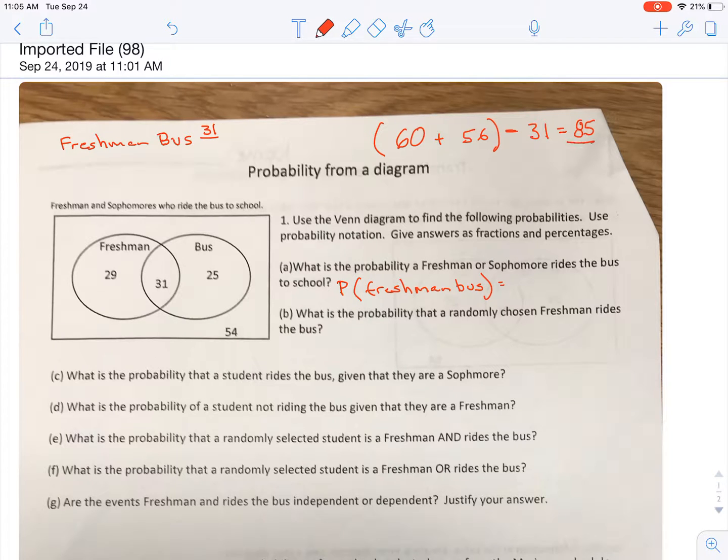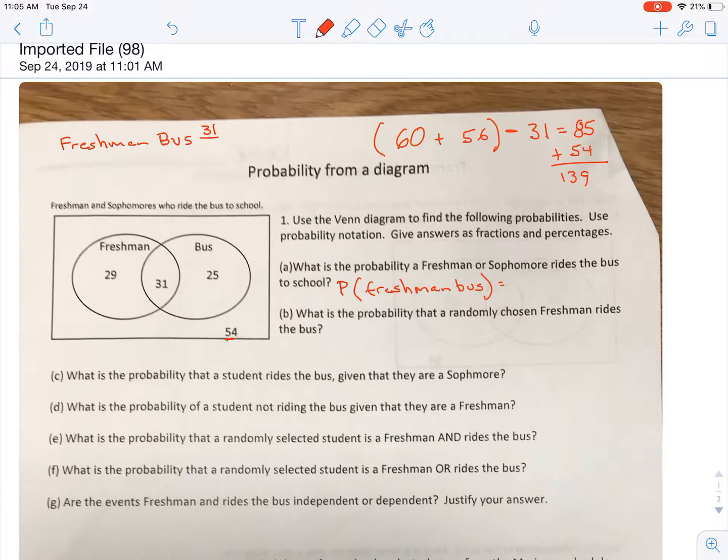And then the only other thing I have to do is include those 54 that are out there, okay? So those 54 that are on the outside, plus 54, and 85 plus 54 is 139. That means there's 139 people inside of this whole diagram, as in everything that is represented is 139.